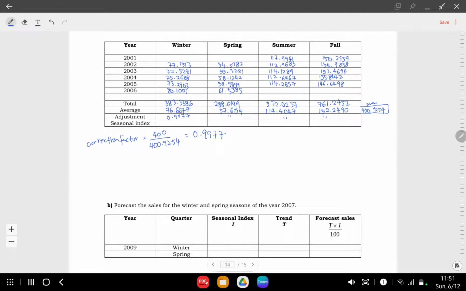Okay, next, calculate the seasonal index. So the average is multiplied by the correction factor. Okay, so here the answer is 75.4914. Okay, next. 75.4715.